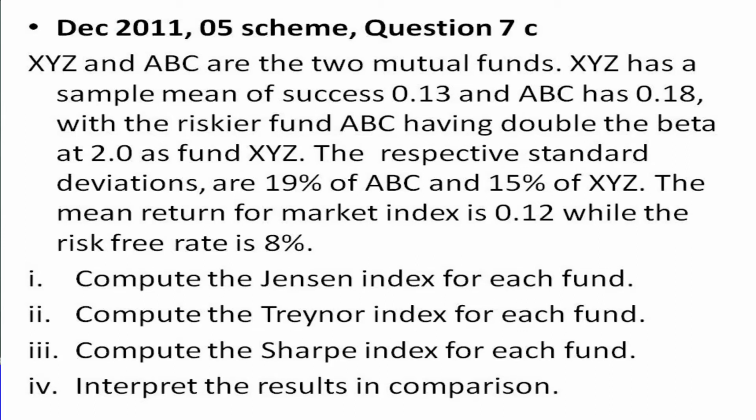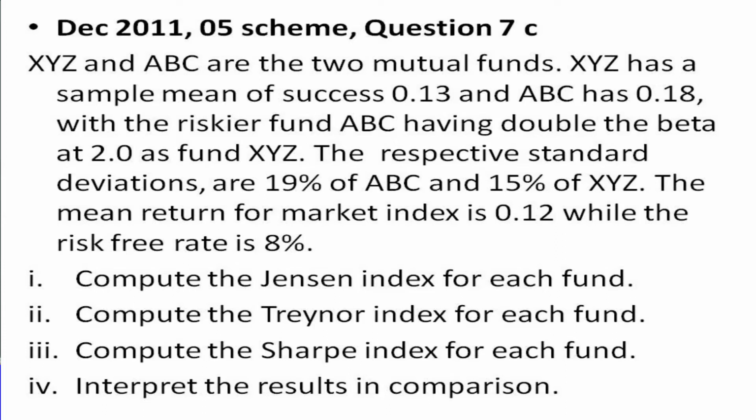XYZ and ABC are two mutual funds. XYZ has a simple mean return of 0.13 and ABC 0.18, with the riskier fund ABC having double the beta at 2 as fund XYZ.